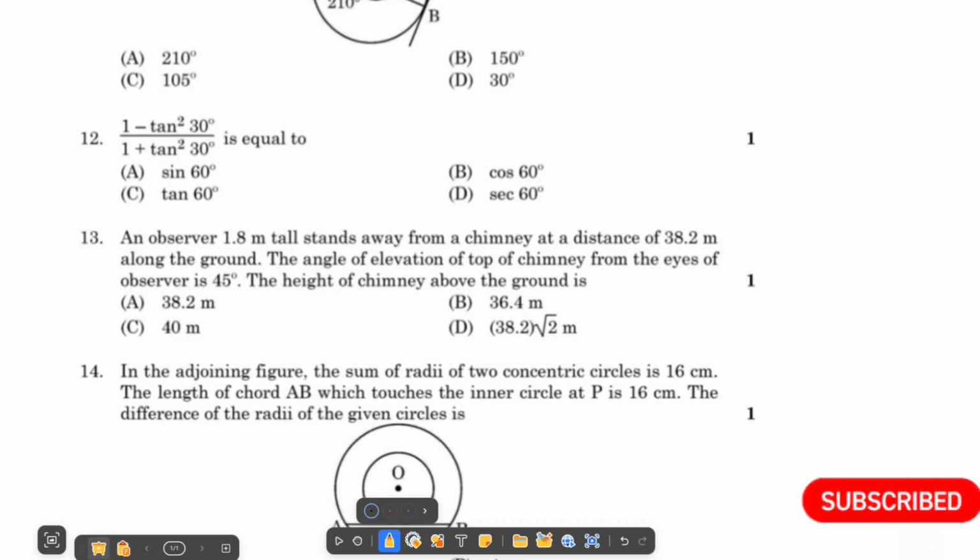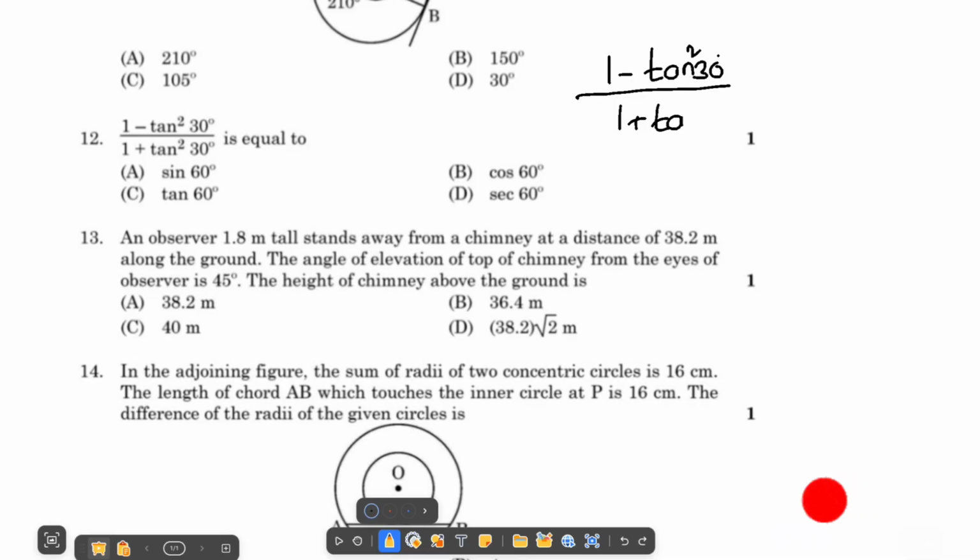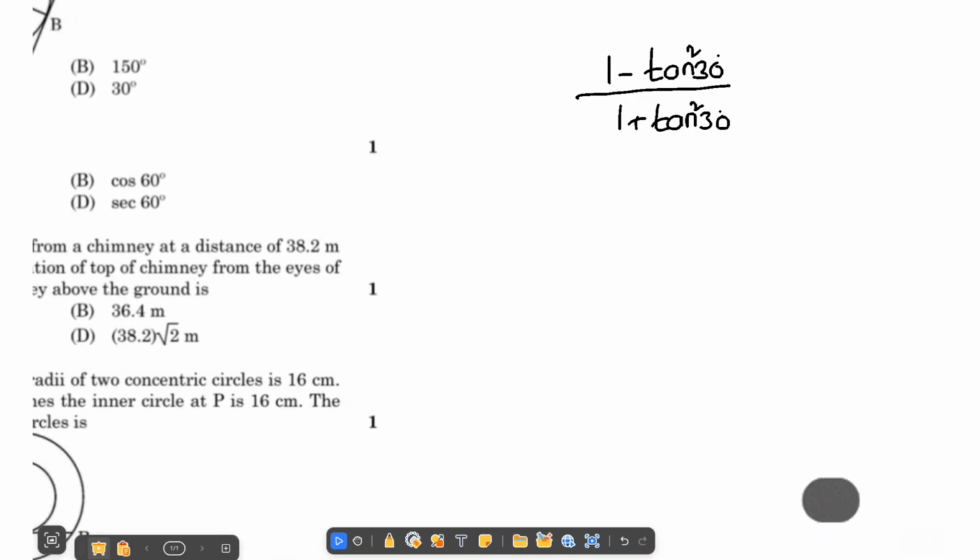It is given that 1 minus tan square 30 degrees, whole by 1 plus tan square 30 degrees. So let's find it.